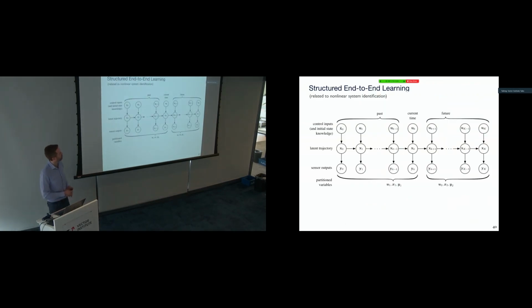For me, the first-class citizen in all of what we do is the graphical model that underlies our mathematical explanation of what the robot is doing. We can think of the robot as having some kind of state, which are these x's, and we don't really know what those are. So that's our latent trajectory. We apply some commands to the robot, it moves, which generates all of these x's, and then we get some sensor data.